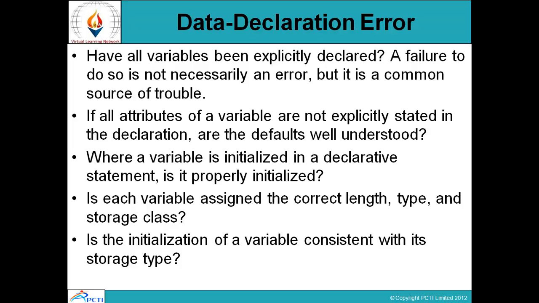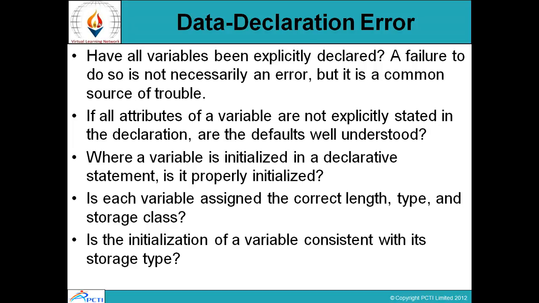Next is the data declaration error, where we check whether the data is correctly declared or not. Have all variables been explicitly declared? A failure to do so is not necessarily an error, but it is a common source of trouble. If all attributes of a variable are not explicitly stated in the declaration, are the defaults well understood?